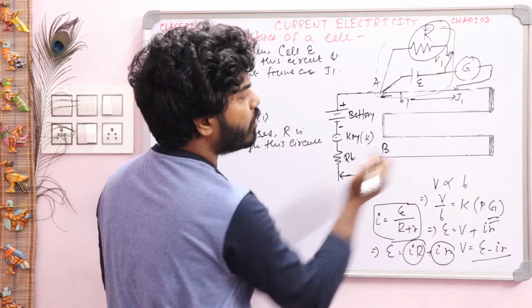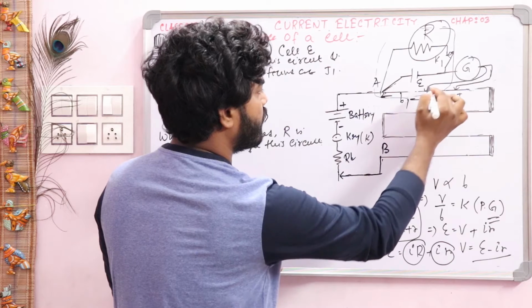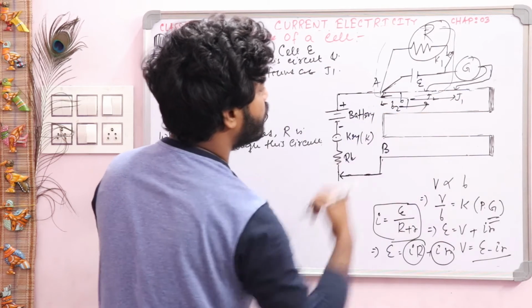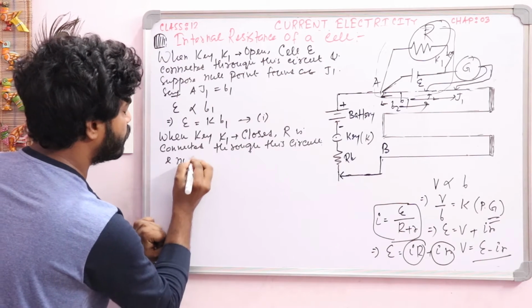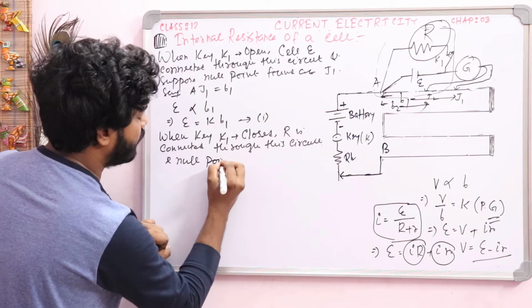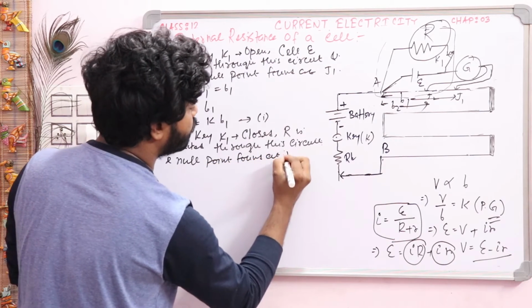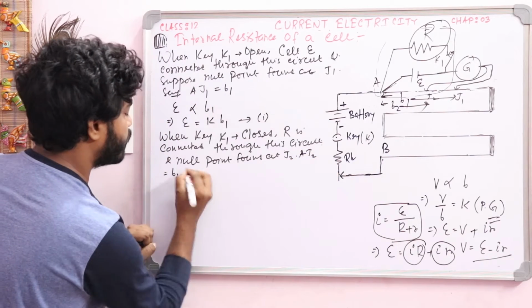Here the null point will be shorter; suppose it is situated here at J2, and A to J2 is named L2. So the null point is found at J2, AJ2 equals L2.